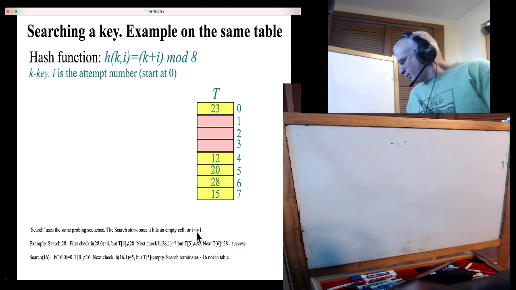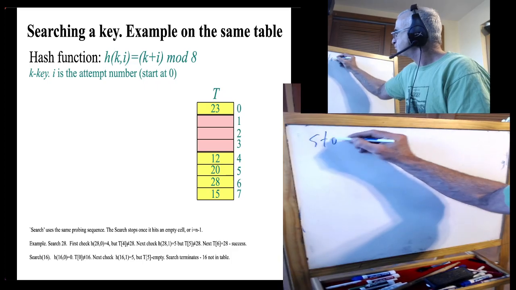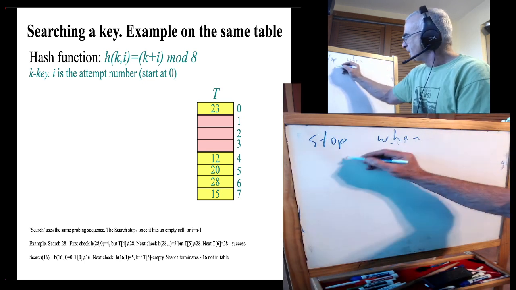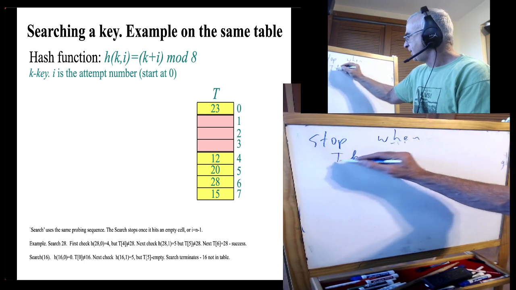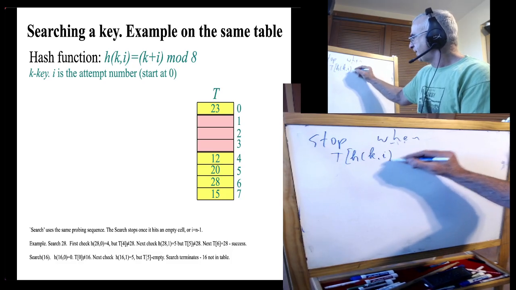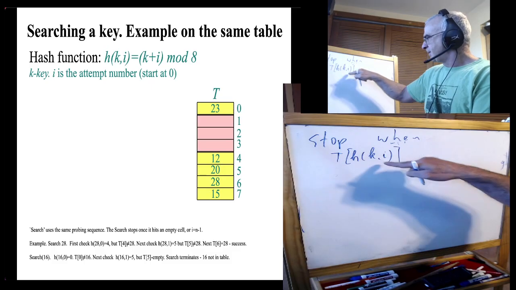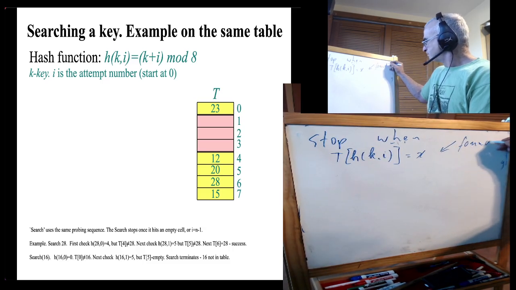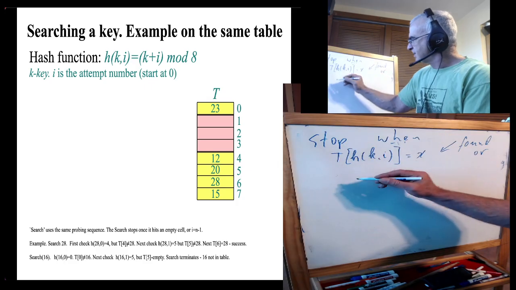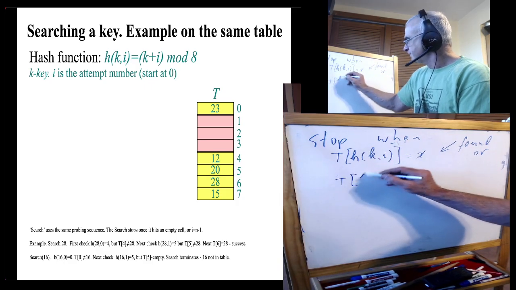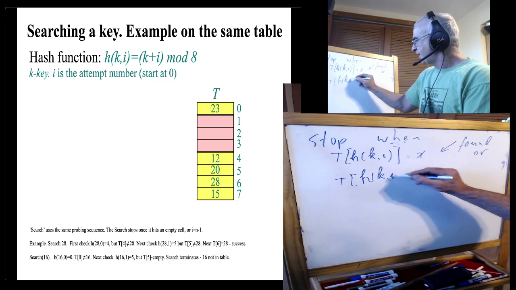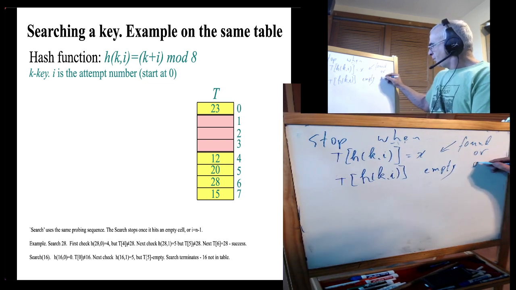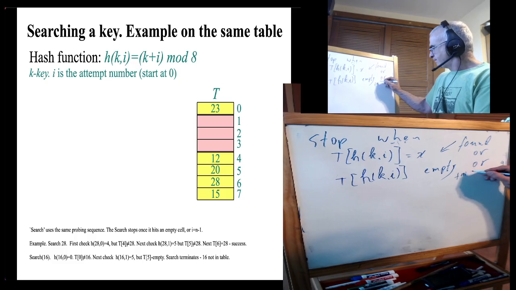So I stop the search when T of h of k and i, the table at the cell that I'm looking for, equals x, meaning that we found it, or I stop the search when T of h of k and i is empty, and then the search fails, of course.